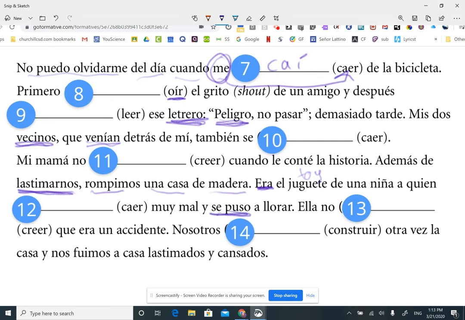So she started to cry, llorar. Ella no believed, creer, que era, she didn't believe that it was an accident. Nosotros built otra vez la casa y nos fuimos, and we went to the house, lastimados, injured, and cansados, tired.